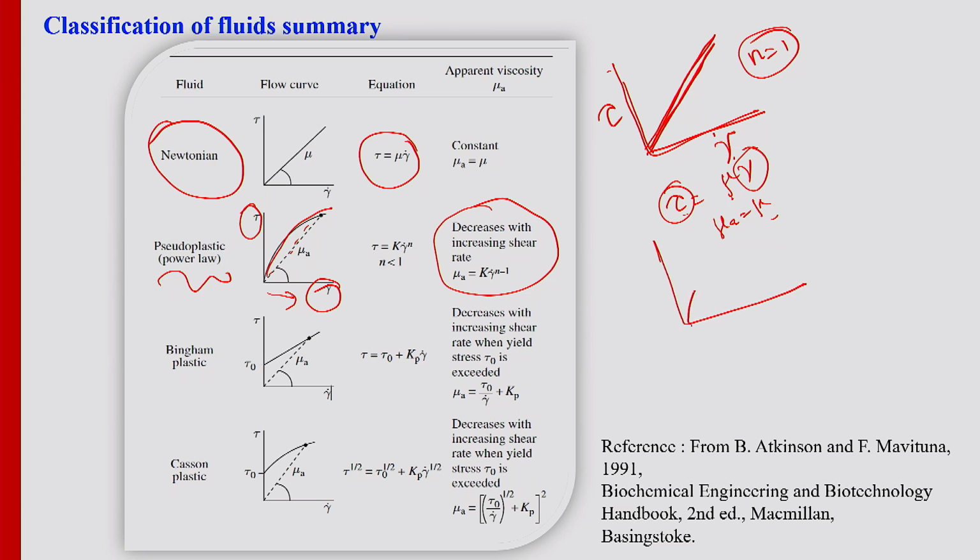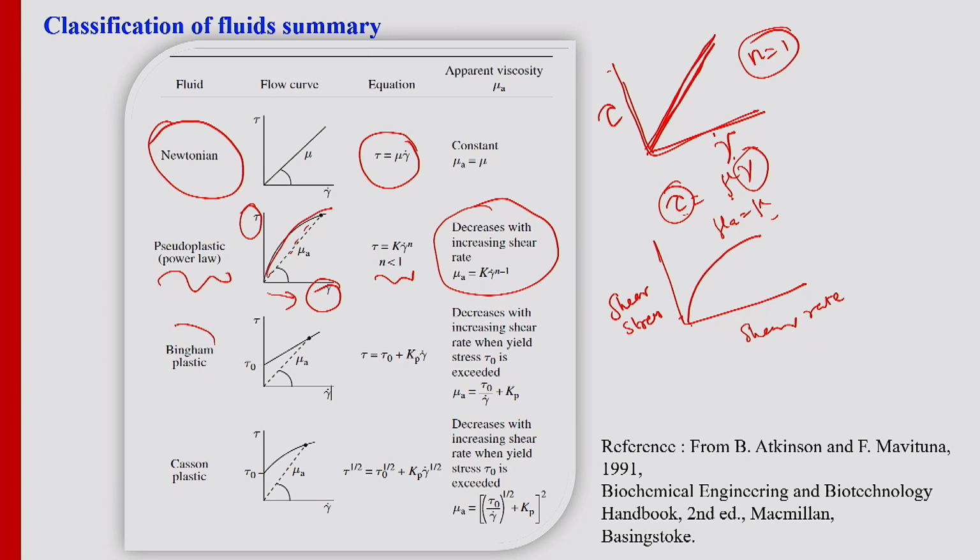Maybe I will explain it this way: this is the shear rate and the other axis is shear stress. When you increase the shear rate, the shear stress decreases. So here n is always less than 1. This is what we call pseudoplastic.